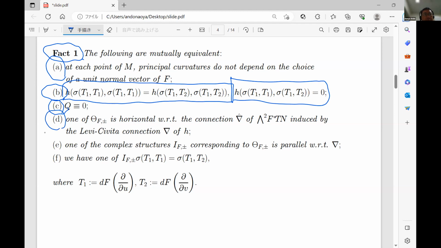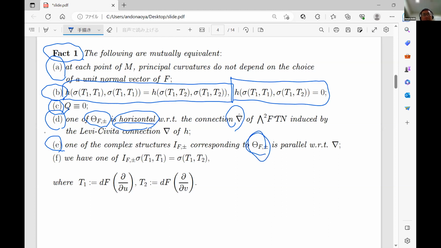Condition D: one of the twistor lifts θ_F^± is horizontal with respect to the connection nabla hat of the twofold exterior power induced by the Levi-Civita connection nabla of H. Horizontality means that the covariant derivative of one of θ_F^± vanishes. Condition E: one of the complex structures I_F^± is parallel with respect to nabla.